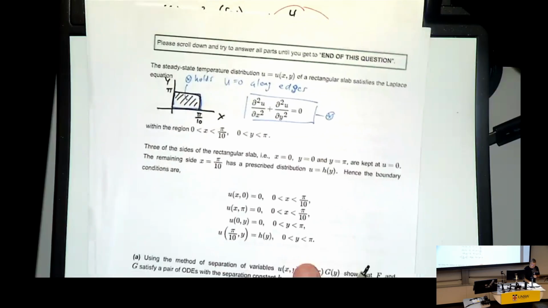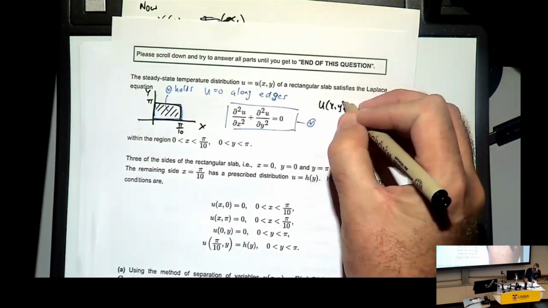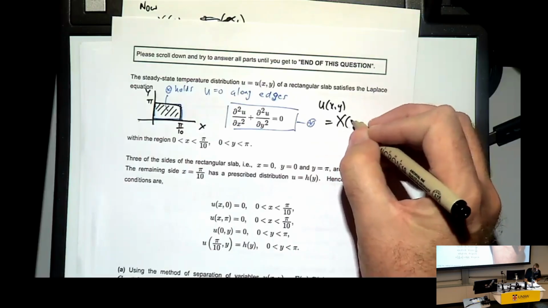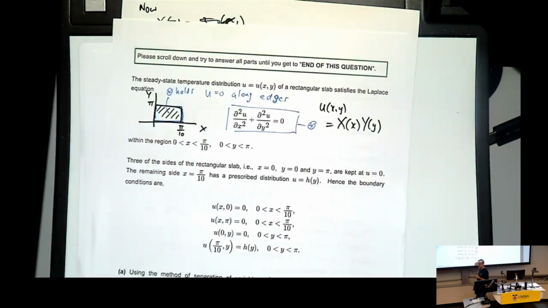The basic idea is to say, okay, I'm going to assume that the basic form of the solution to the PDE is a product of two functions that depend on different variables. So what do we do now? Who can remember what we usually do with separation of variables?